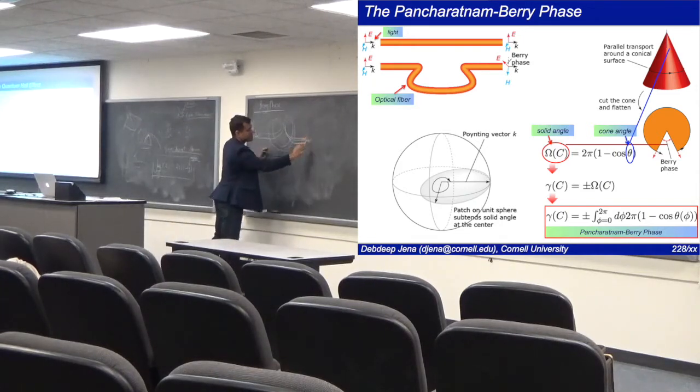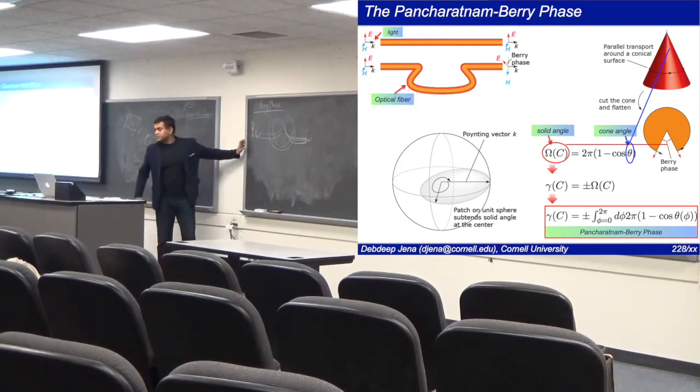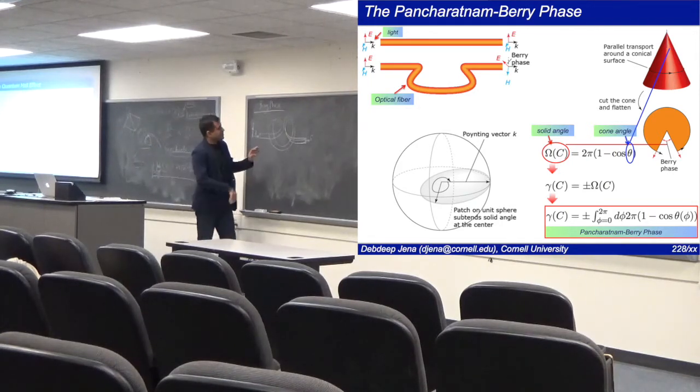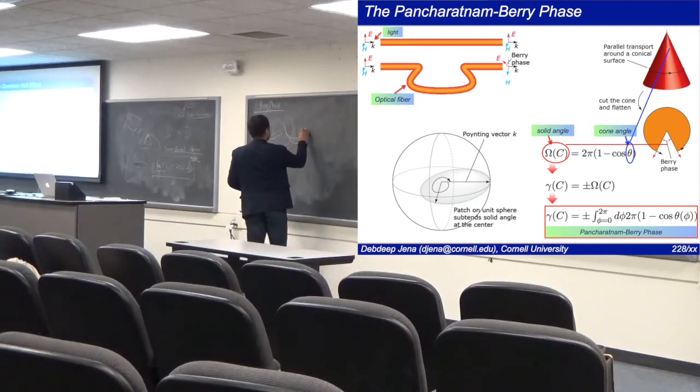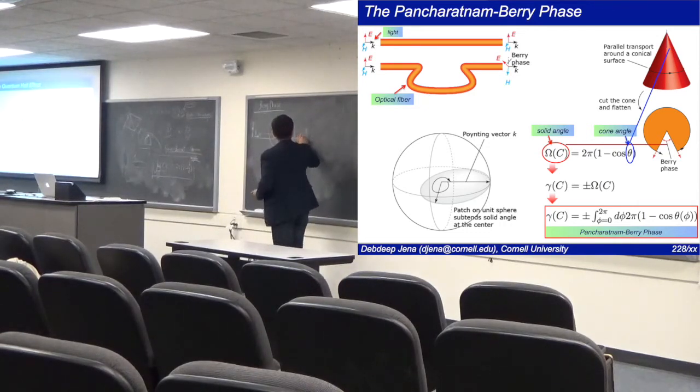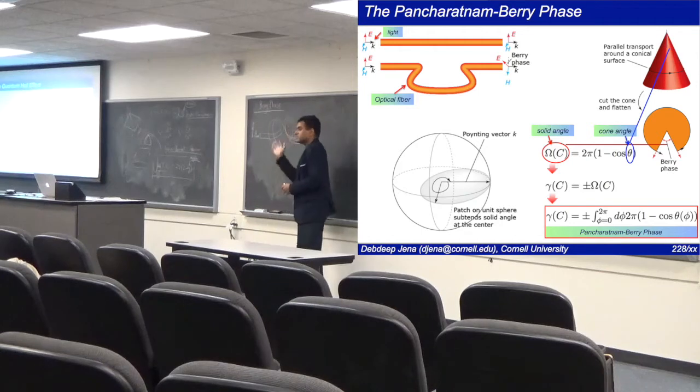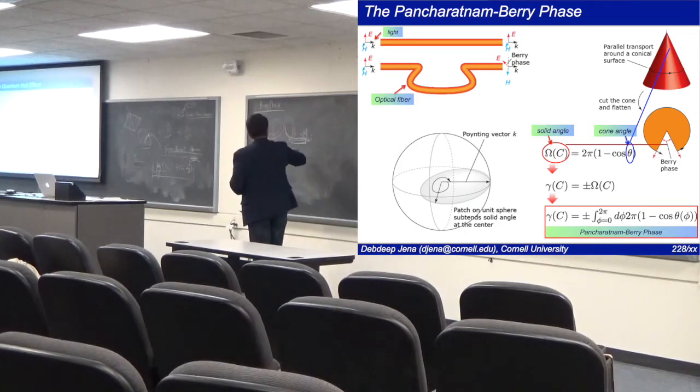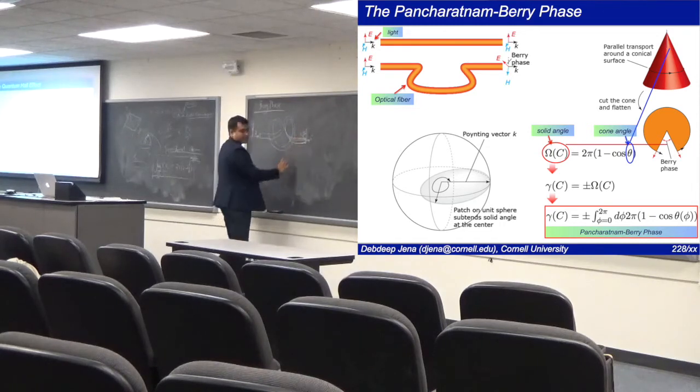The question is, what's the polarization of this? And the very interesting fact is the polarization really depends on how you bend it. It remembers that. It need not be exactly as on the board, but it can turn at a certain angle alpha. And that alpha is a classical Berry phase in some sense.